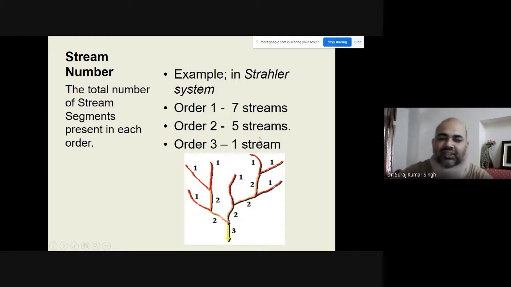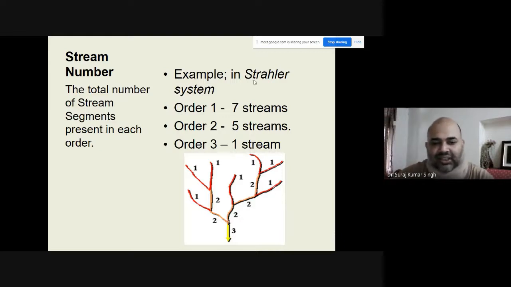So if, after calculating the stream numbers, I find that your higher order is just the vice versa of what is represented in the current diagram, I can clearly say that you have misinterpreted the entire coding. So you have to recode again.